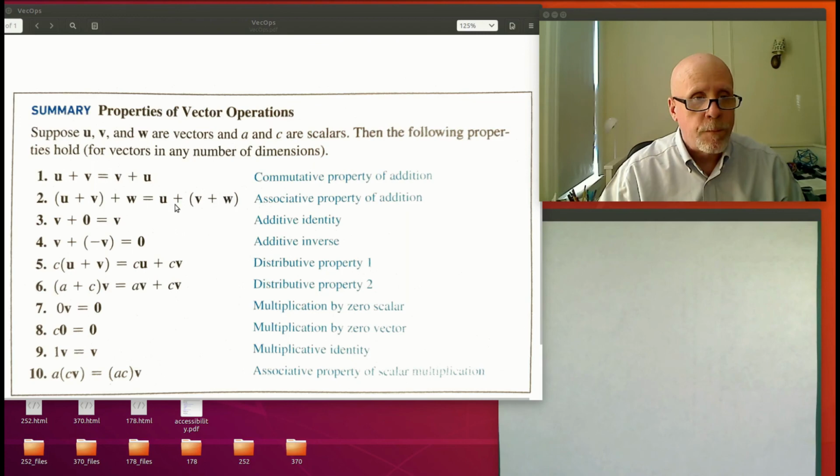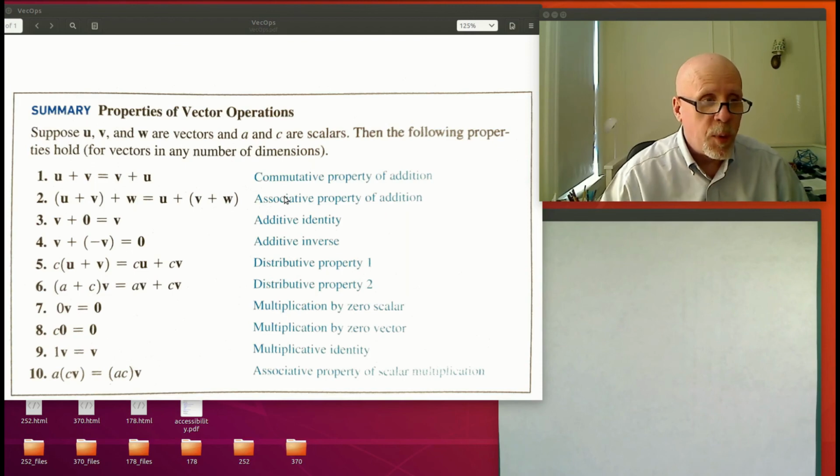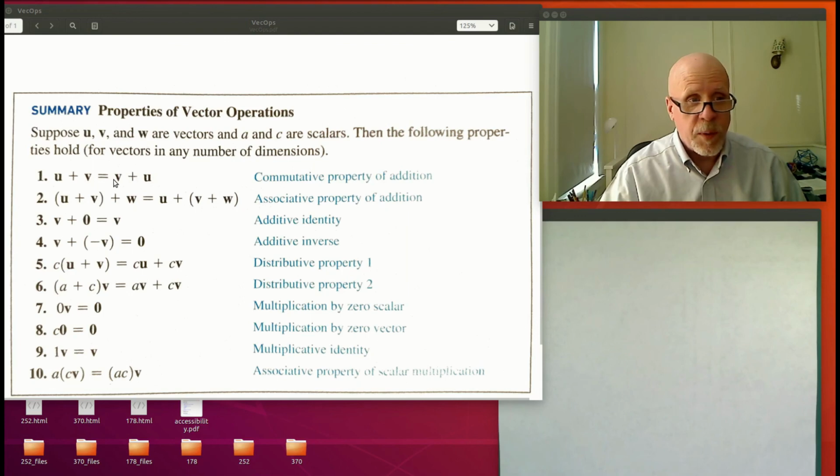What this rule says is that that's immaterial; any way you put parentheses around those three things, you'll get the same result. And the two of these together mean all that you have to have is the same three vectors. It doesn't matter how they're parenthesized, and it doesn't matter what order they're in.